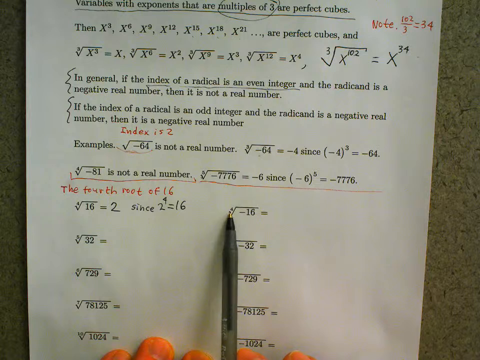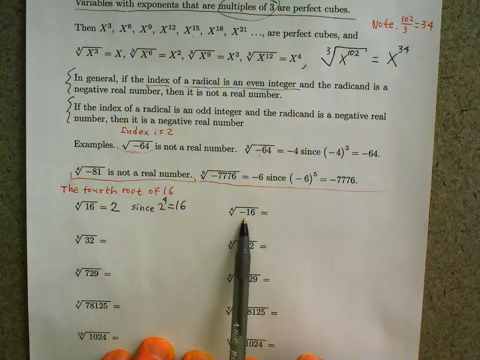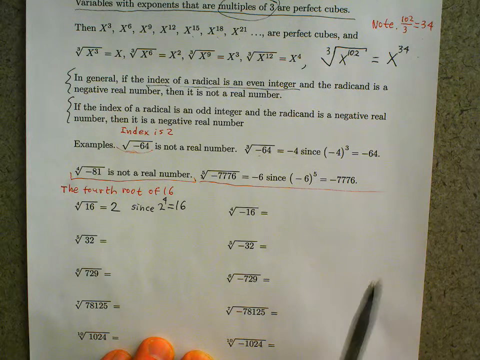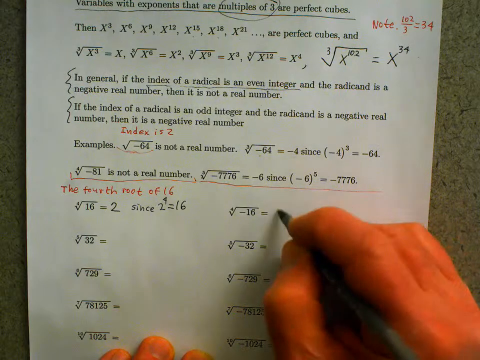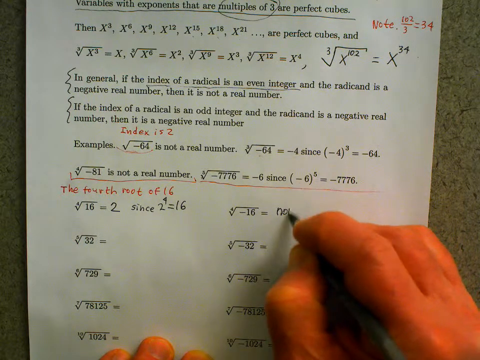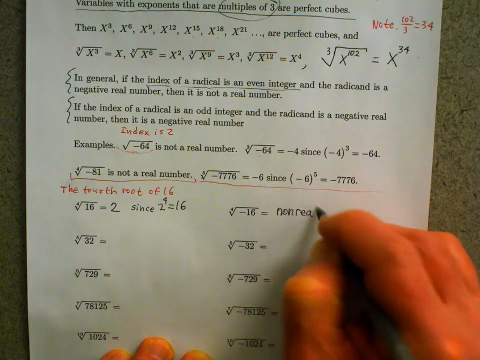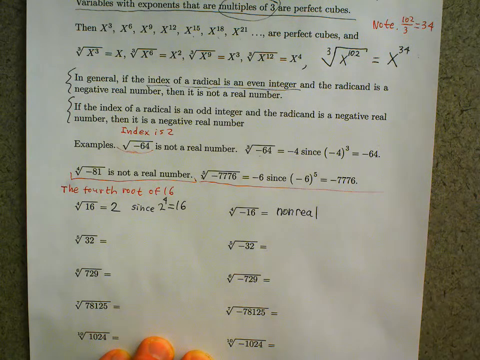The index is even and the radicand is negative. Therefore, it's not a real number. This is non-real. It is a number, it's just not a real number.